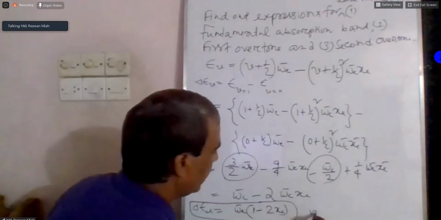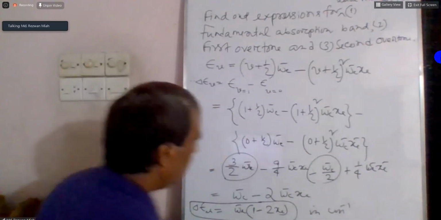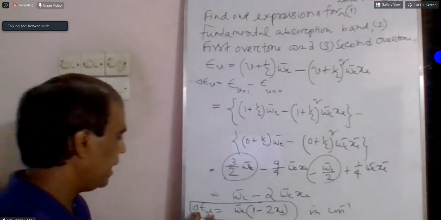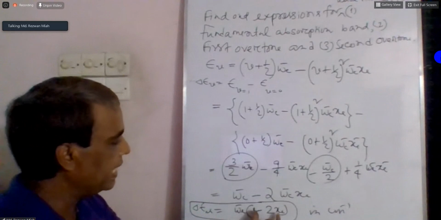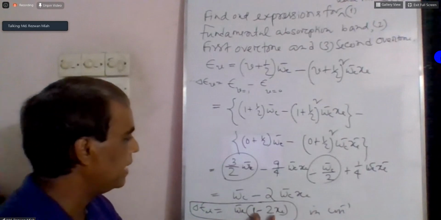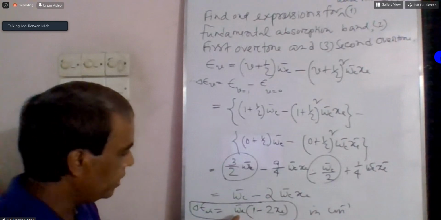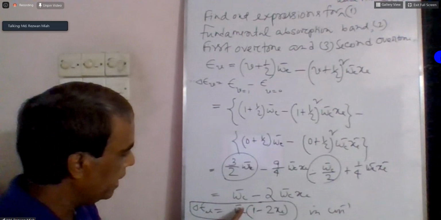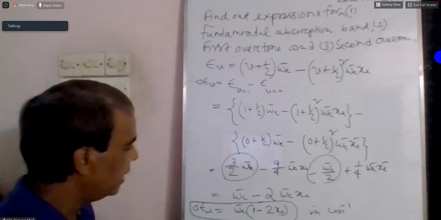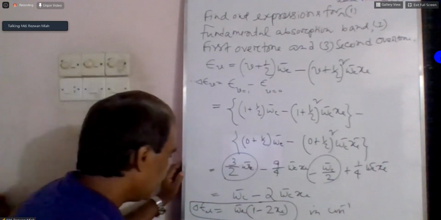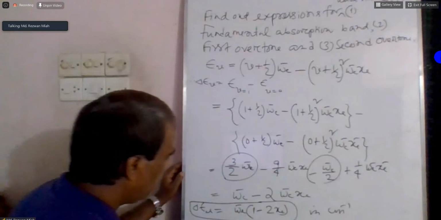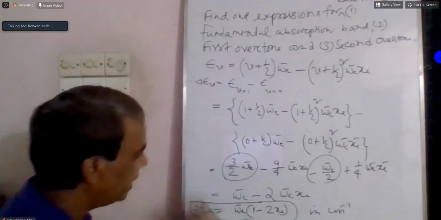Obviously this is in per centimeter. So student, you see the fundamental absorption band appears at this wave number: omega e bar times 1 minus 2x. For approximation, this can be written approximately as omega e bar. Why?